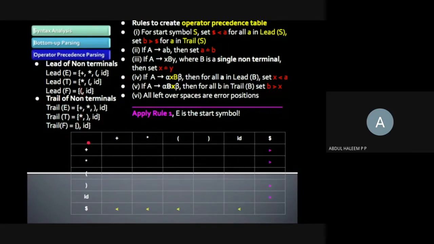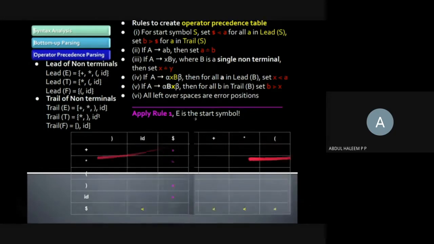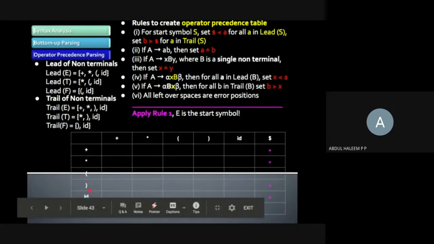Then when you draw the precedence table, remember that you have enough columns for all terminals plus our augmented terminal called $. So plus, into, left bracket, right bracket, ID and $. Similarly, rows and columns will be set for these terminals. Then leave everything blank.